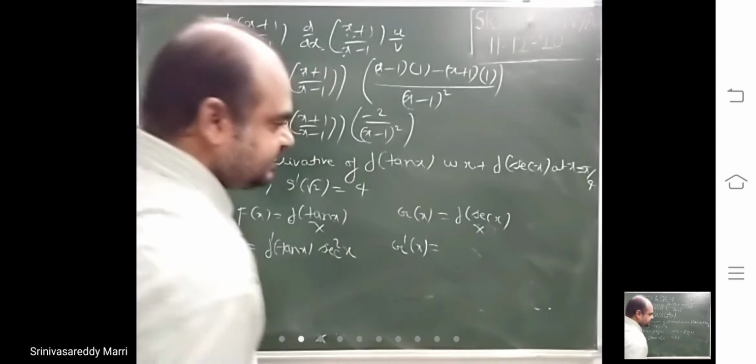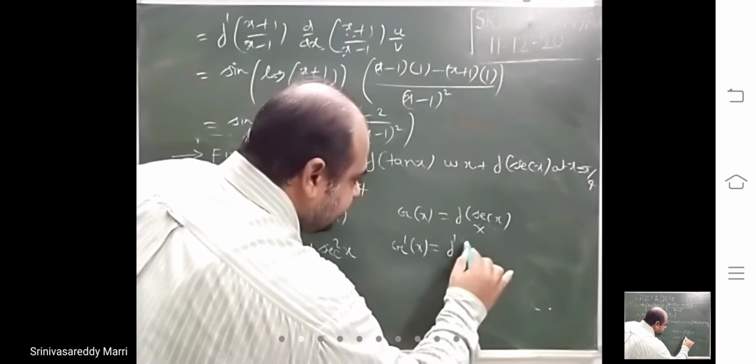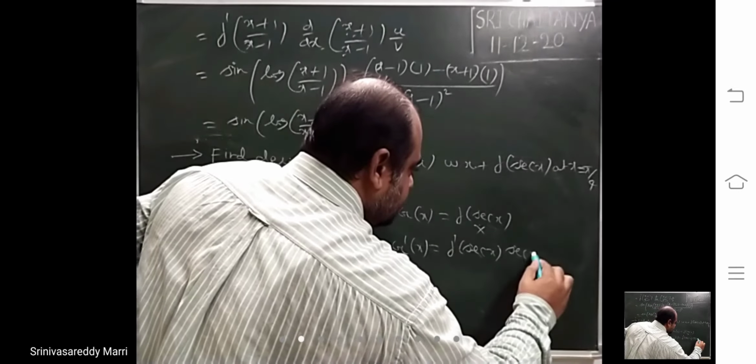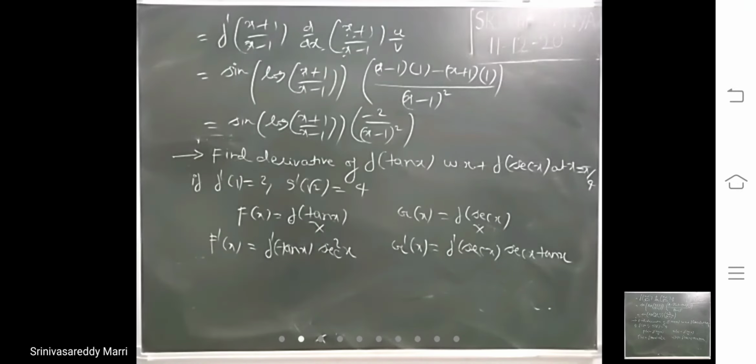G dash x, you take this as X. D by dx of f of secant x. That means f dash secant x into d by dx of secant x, which is nothing but secant x tan x. So what is your required one?